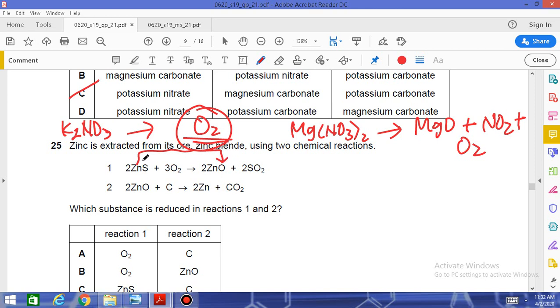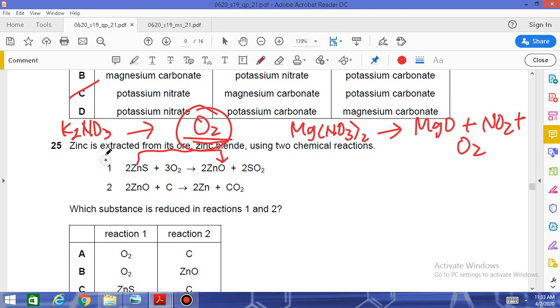From zinc sulfide into zinc oxide. In this case, zinc sulfide is oxidized because it's gaining oxygen, right?